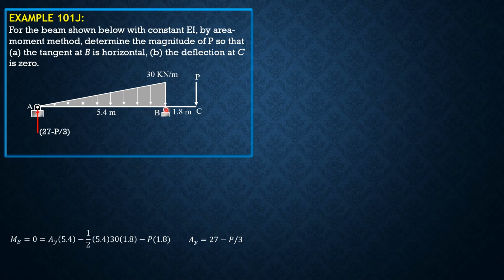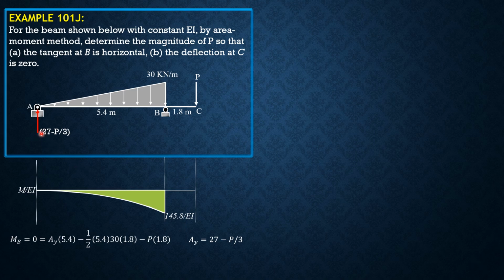Then since we select B as the moment center, the moment due to this loading, the curve is third degree, first degree plus 2, so third degree, and the value of the moment over EI is equal to 1/2 or 0.5 of 5.4 times 30 times moment arm 1.8. So this value here is negative 145.8.